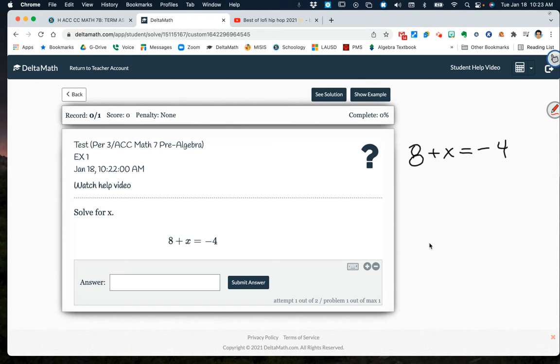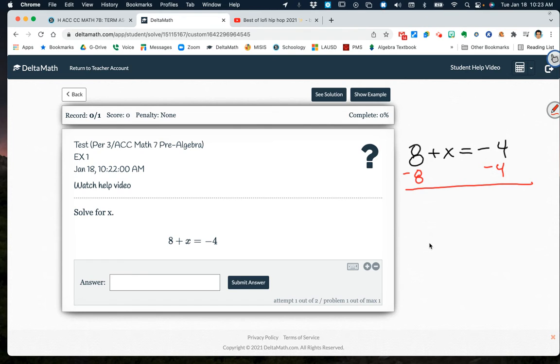I get x by itself. So what would get rid of this positive or plus 8? A negative. And sometimes you want to think of it as a negative, sometimes as subtraction. Whichever way makes sense to you in your mind. If it makes sense for you as a -8, perfect.